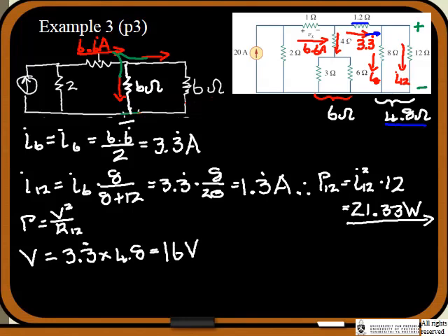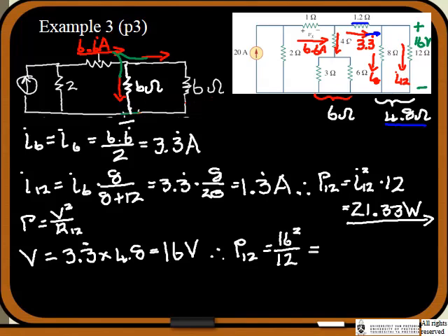All right, so where's that 16 volts? Let's go back to the picture. Now we know, sitting across those two resistors, we have 16 volts. So now we can write P12 equals 16 squared divided by 12 ohms.